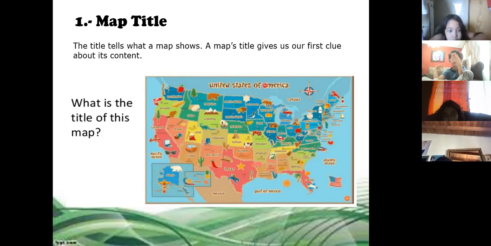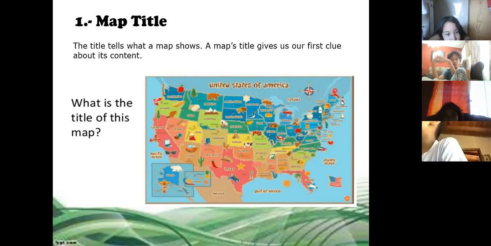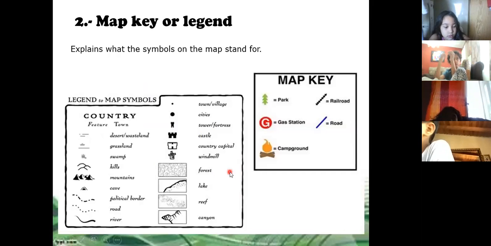So with the map title here, we know that this is the map of the United States. We have more information on the map, but this is the map title. Look here, we have a lot of information included on the map. They are parts of the map.